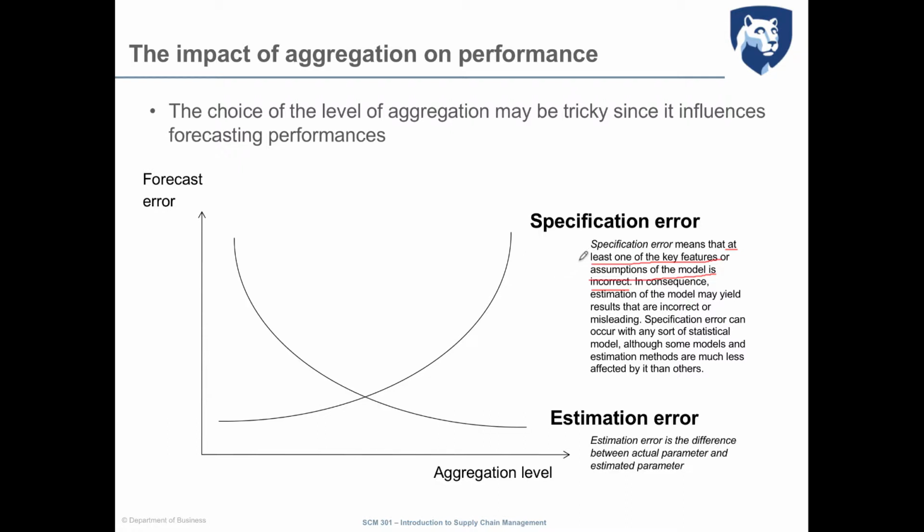On the contrary, the higher is the aggregation level, the lower is the estimation error, and we have seen this demonstrated according to the fact that different demand have different variabilities, and if we aggregate variables with high variability, variability compensates, so the resulting variable has less total variability. So the estimation error is the difference between the actual parameter and the estimated parameter.